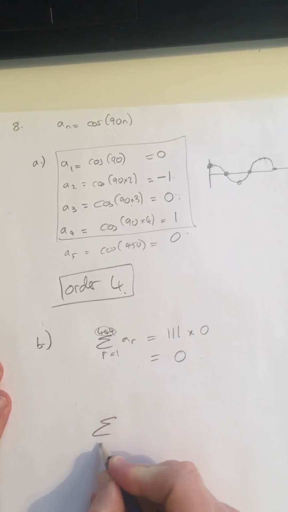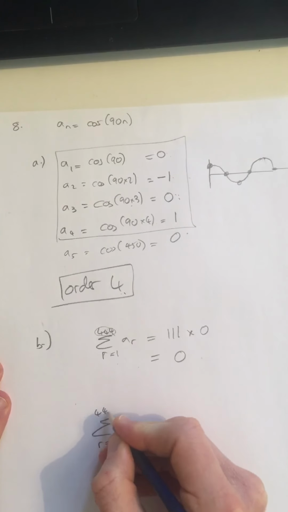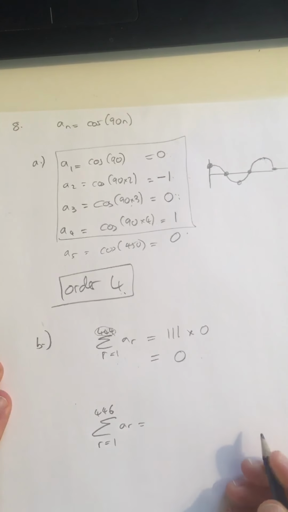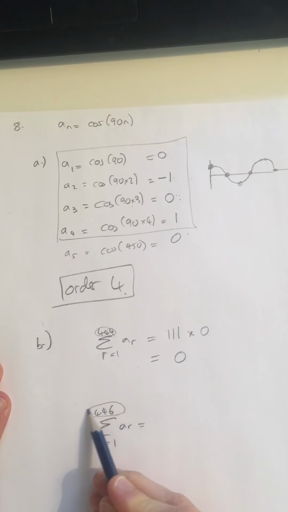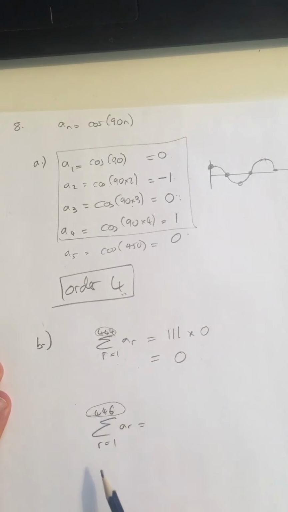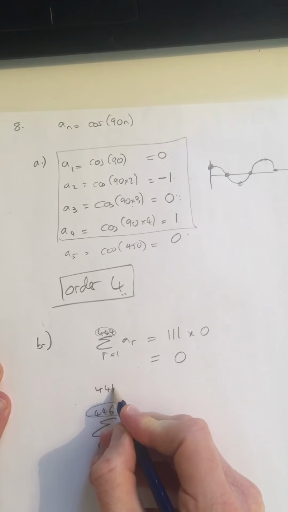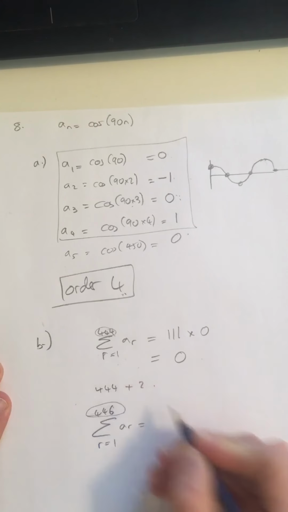If the question had said from 1 to 446, then I would look at that and think, well, I know 4 goes into that 111 times, with 2 terms left over.